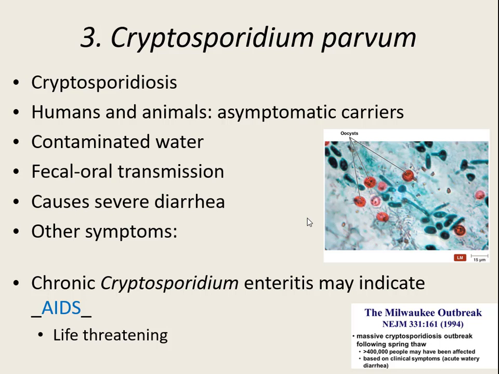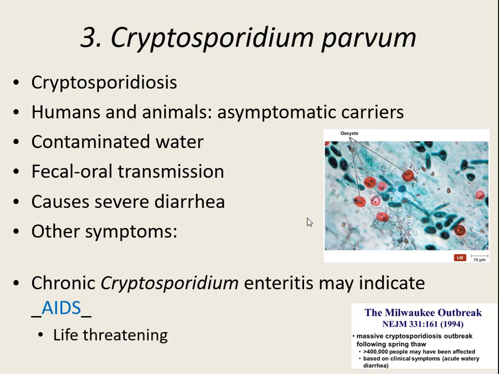How we normally pick it up, if you're not a carrier, is we drink contaminated water that has the cyst form. And it's a fecal-oral transmission, which means you are drinking water that has fecal matter in it. And what it causes, very severe diarrhea. It can also cause headaches, muscle pain, cramps, and of course fluid loss.